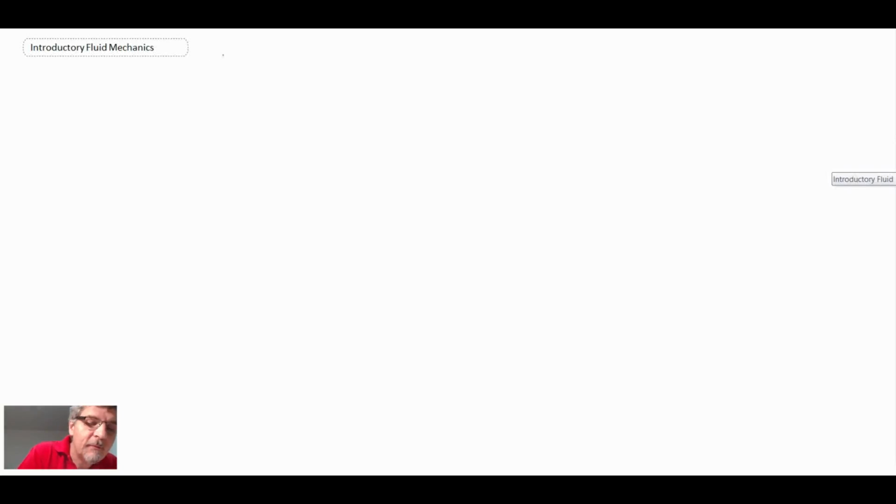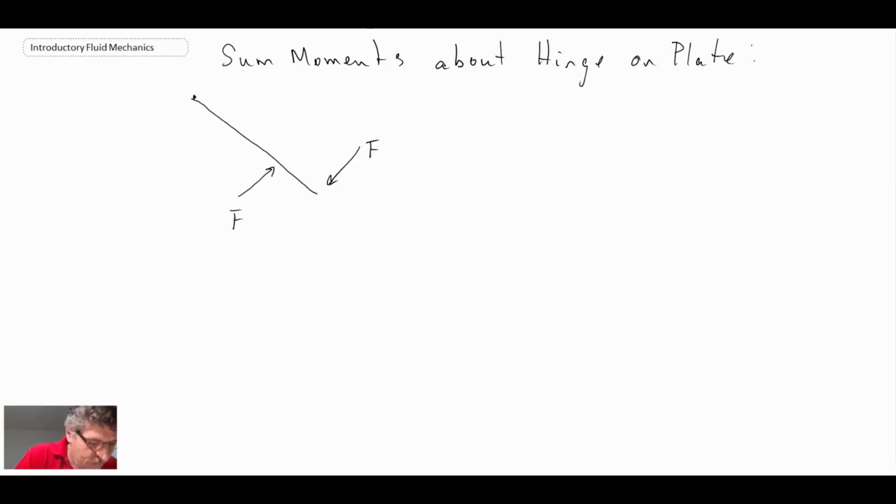We're going to sum moments about the hinge on the plate. Okay, so that's the geometry for the problem and the forces there. So we're going to sum moments.